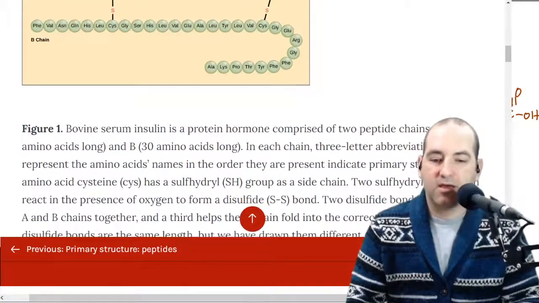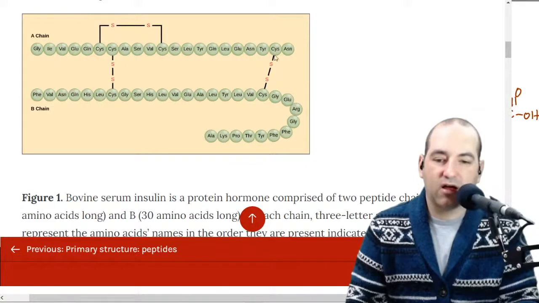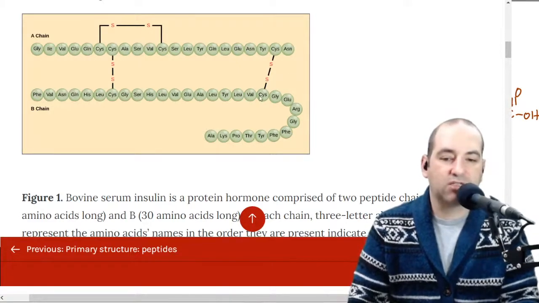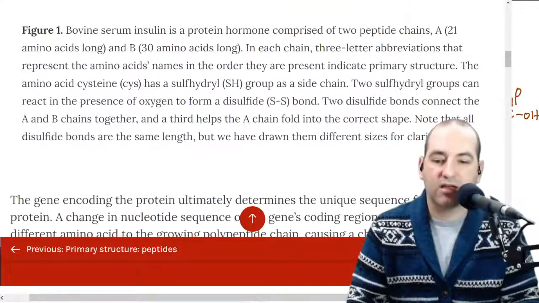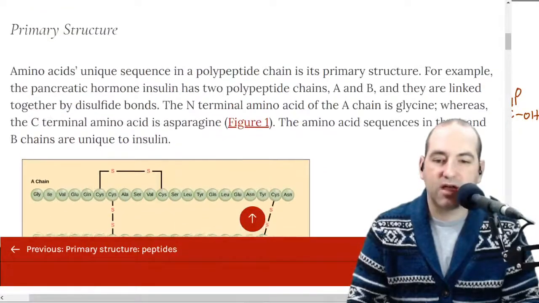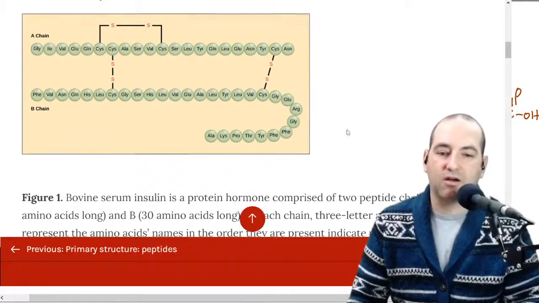You'll notice that the cysteines, CYS here, actually link two different chains together through something called a disulfide bond. And so this gets into the next part of the structure, which is the secondary structure.